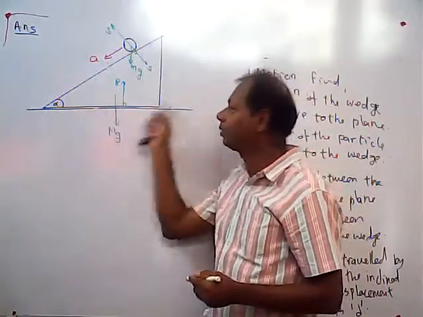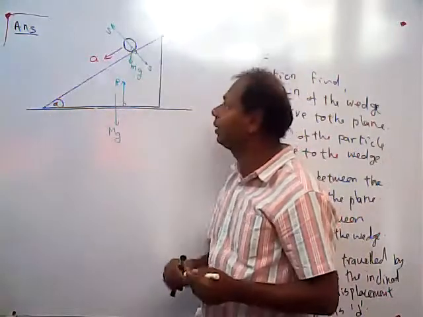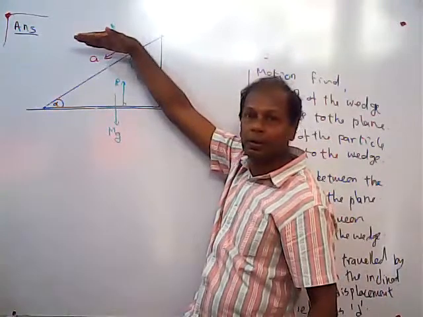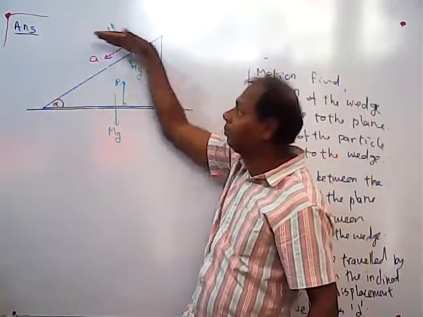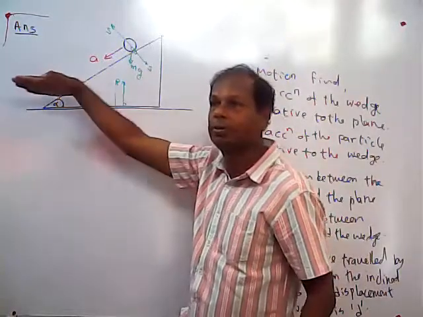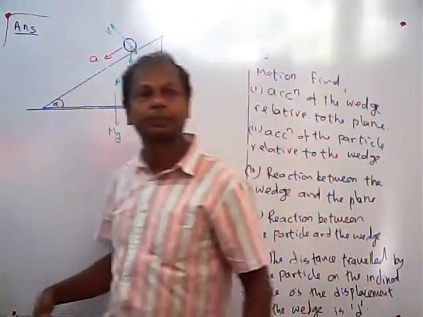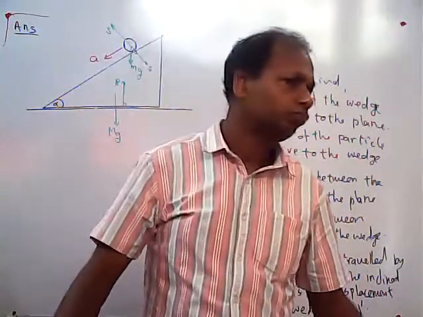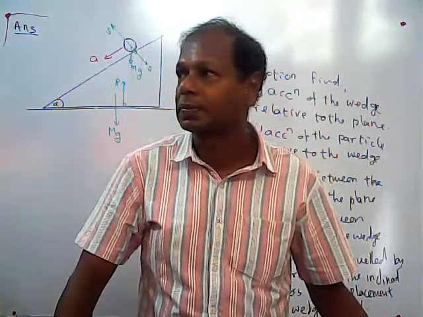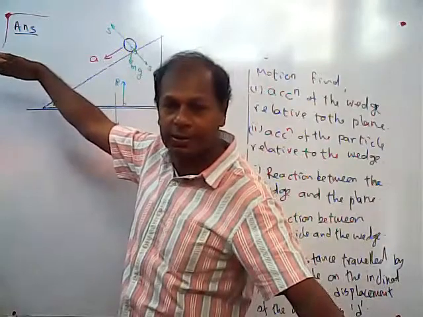Then, because the system is on a smooth plane, as the particle climbs down, it will create a momentum horizontally in this direction. The particle will create a momentum in this direction.